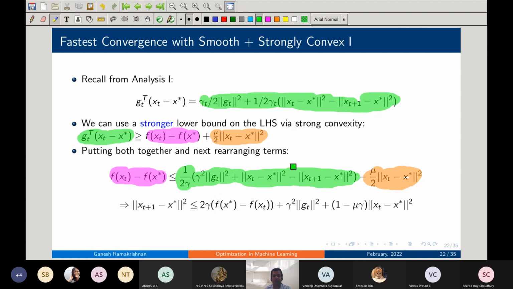Okay, so from here I want to reuse different components of the analysis that we have already done, of convergence. Can we go from here to convergence rates for strong convexity and smoothness? Is that the best convergence I can get?